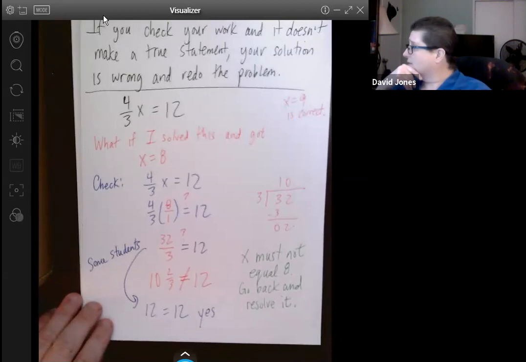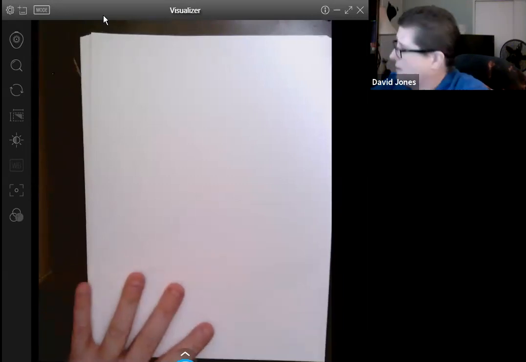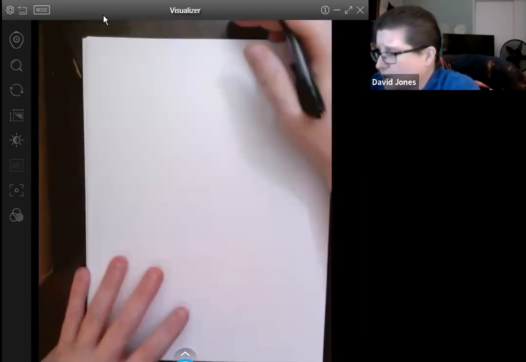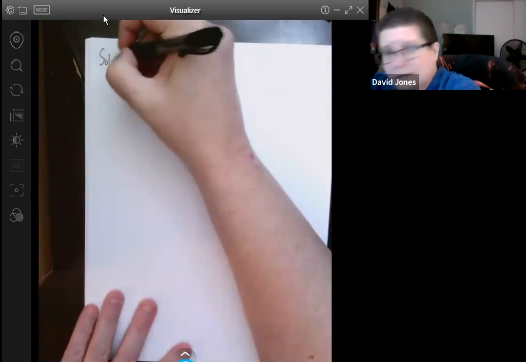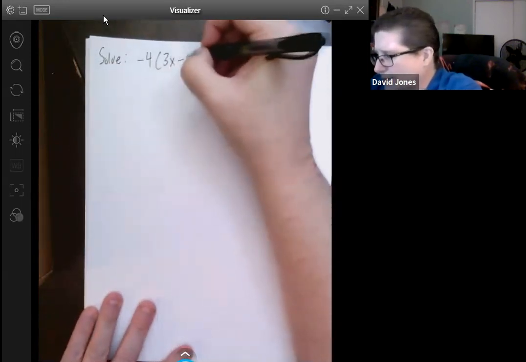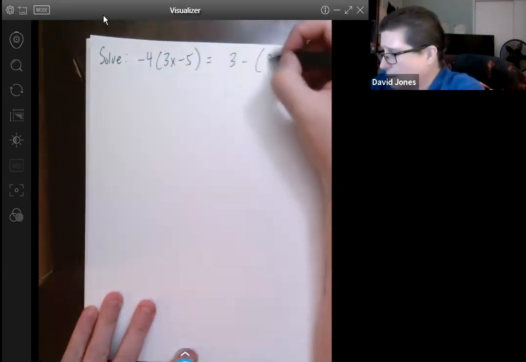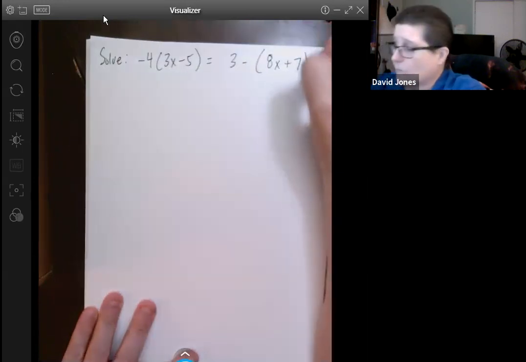Let's see. So this was nice and simple. Let's just make it harder. Let's go big. The objective here: solve -4(3x - 5) = 3 - (8x + 7).